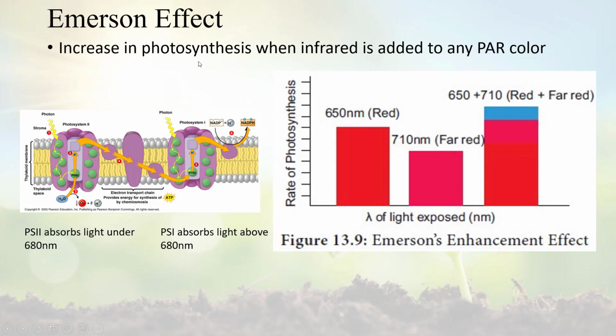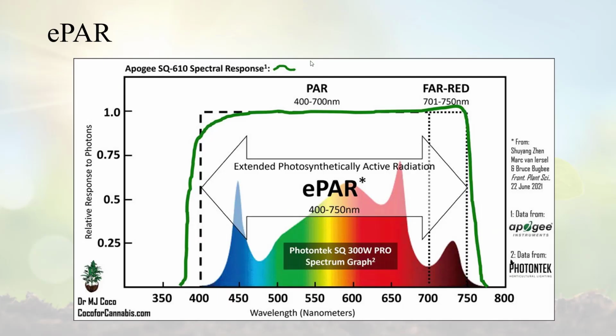This was discovered, I think, a while back, and then it was almost like rediscovered later on. And because of that, some people are now promoting EPAR, or extended photosynthetically active radiation. So if we go back to the beginning, we talked about PAR as being between 400 and 700 nanometers, and that's the wavelengths of light that are important for photosynthesis.